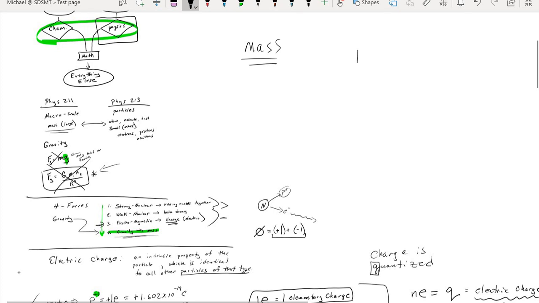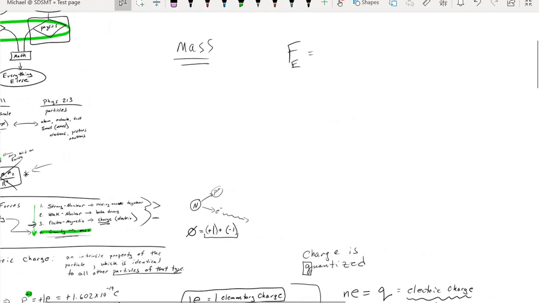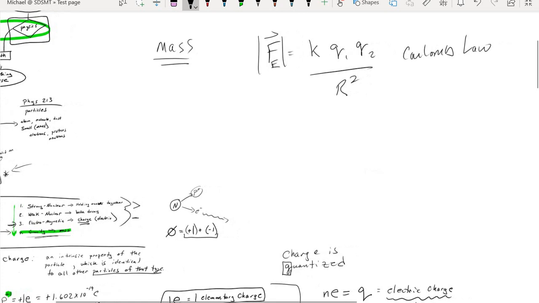Now what we have, and this is kind of the ultimate goal of today's discussion, is something called Coulomb's law. So Coulomb came up with this expression to define the magnitude of force that exists between two charges.